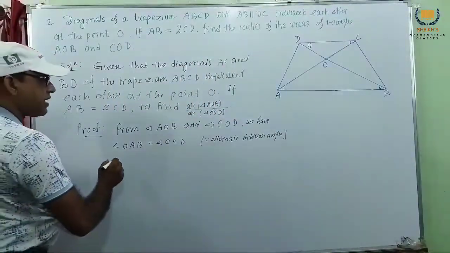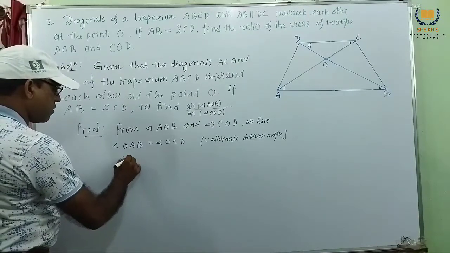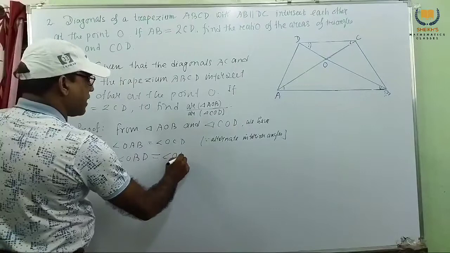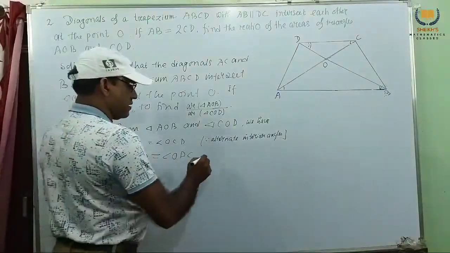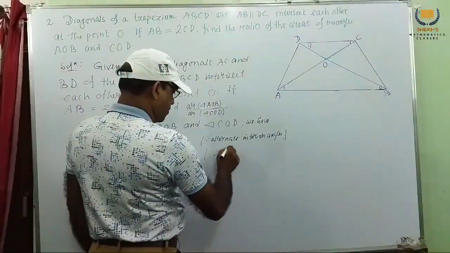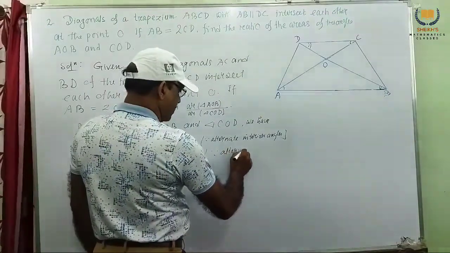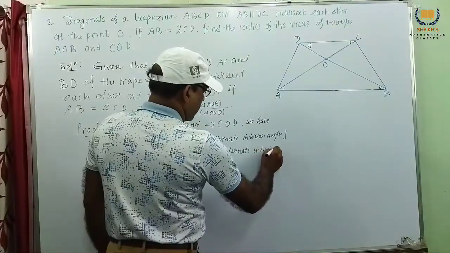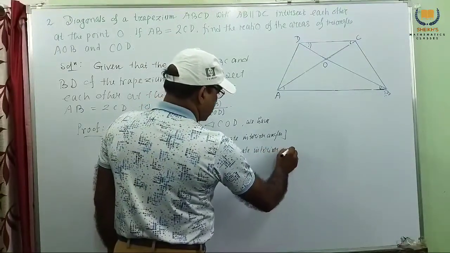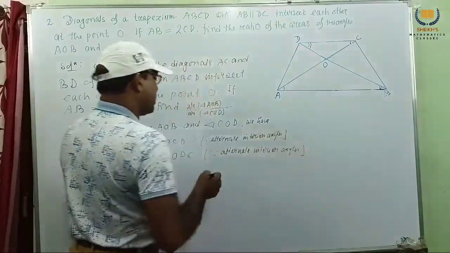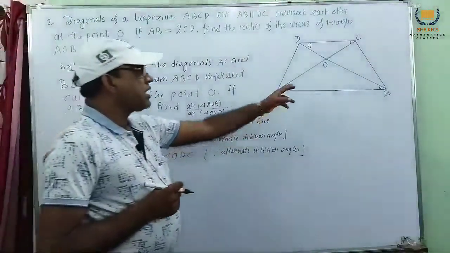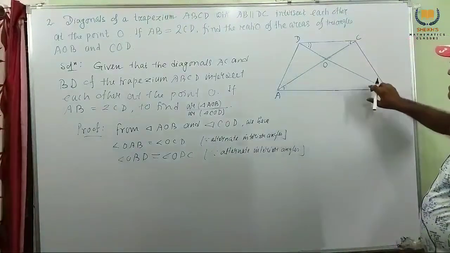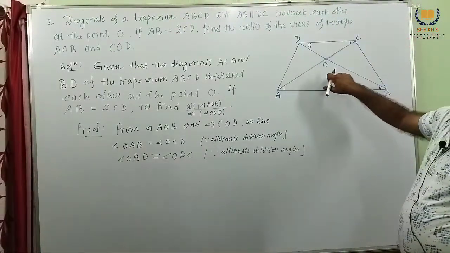So again, angle OBA equal to angle ODC, since alternate interior angles. These two are equal. So in these two triangles, this angle equal to this angle, and this equal to this, obviously the remaining two are equal.